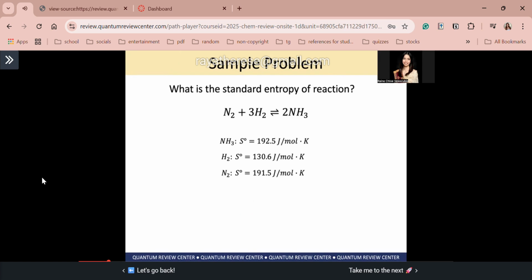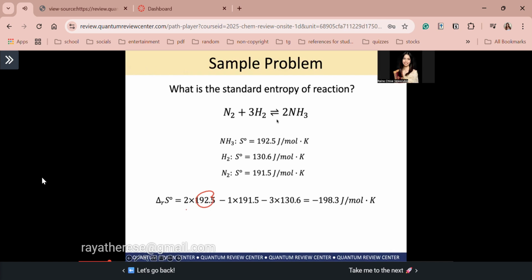Again, guys, ang ating standard entropy of reaction is just equal to the summation of the standard entropy values of the products minus the summation of the standard entropy values of the reactants.